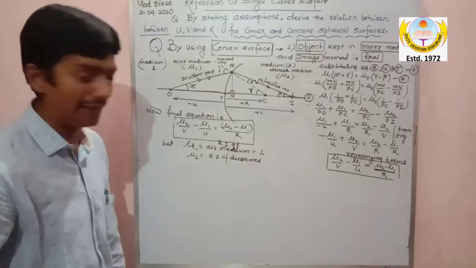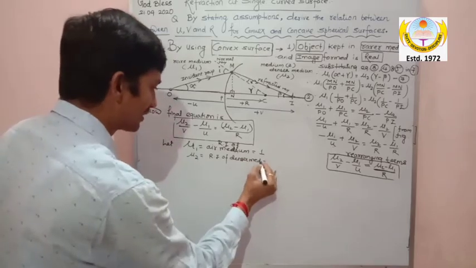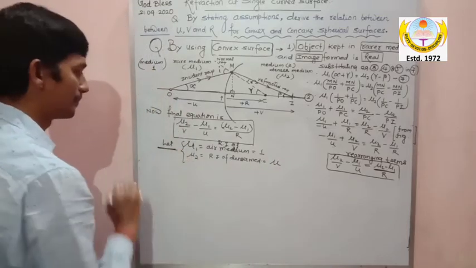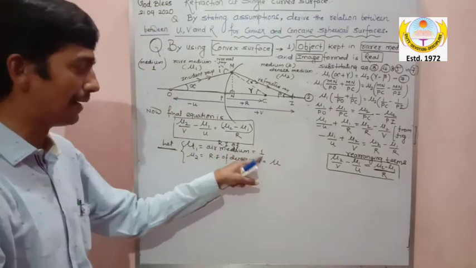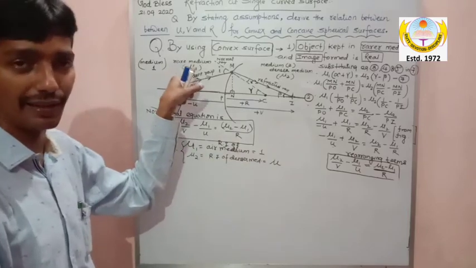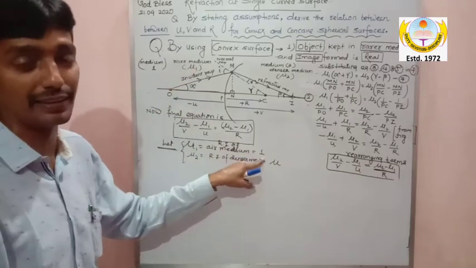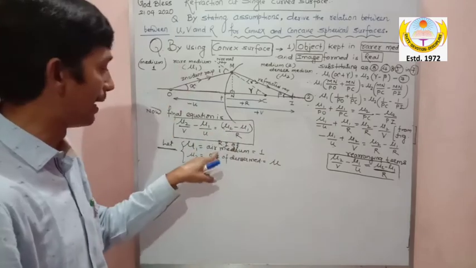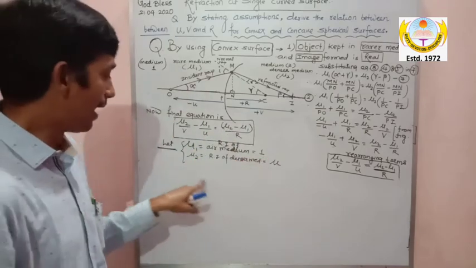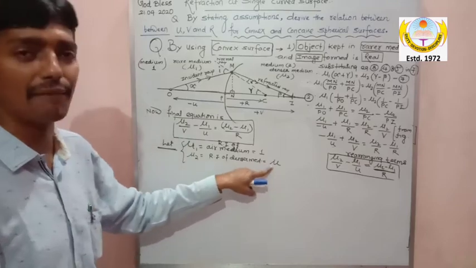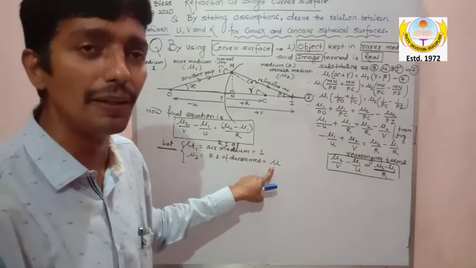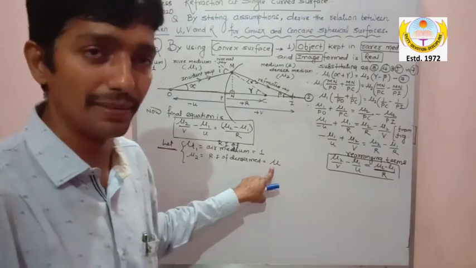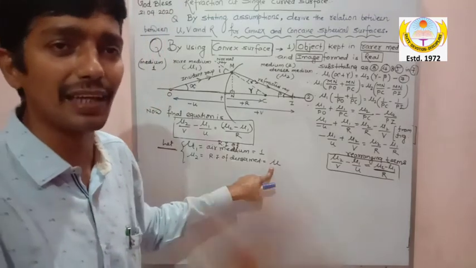The refractive index of the denser medium, let it be taken as mu, that is my supposition. The refractive index of the air medium, which is mu1 in the diagram, is taken as 1 because it is air. Earlier it was the rarer medium, now it becomes air, so the answer is 1. And the refractive index of the denser medium, I have taken as mu, because any medium's refractive index can be taken as mu. Air's refractive index is confirmed, it is 1.